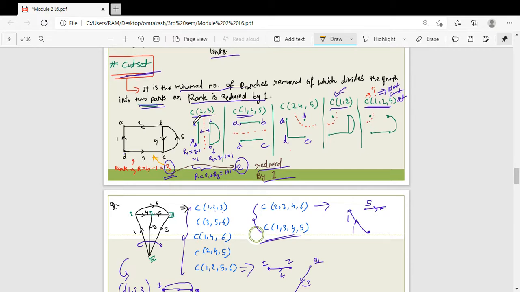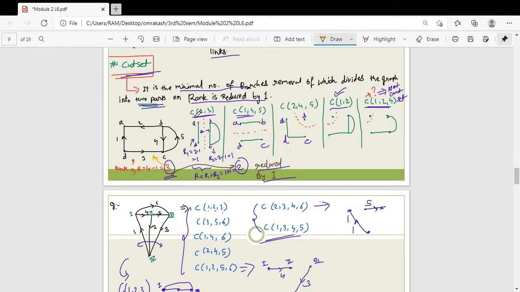Now if I make a cut set, how do I divide this graph into two parts? Simple, see here, when I remove branches 2 and 3, this one gets separated out.